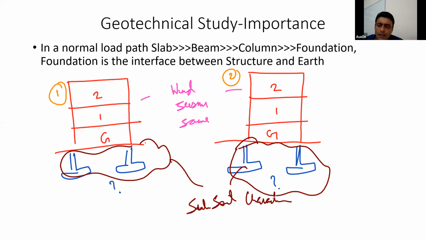Okay. I hope you understand this. So therefore, your geotechnical investigations or geotechnical study becomes very important because at different locations, your soil strata or soil characteristics may have a lot of differences.